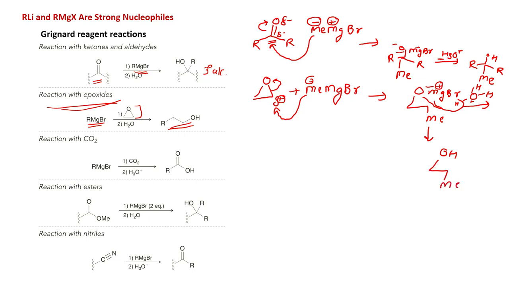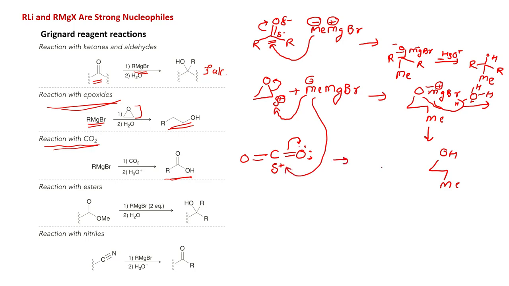Now when the reaction happens with carbon dioxide, you will get a carboxylic product. So its mechanism is: oxygen will withdraw electron, creating partial positive charge here. So again this methyl will react here.